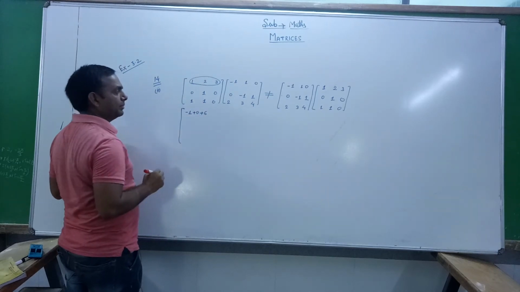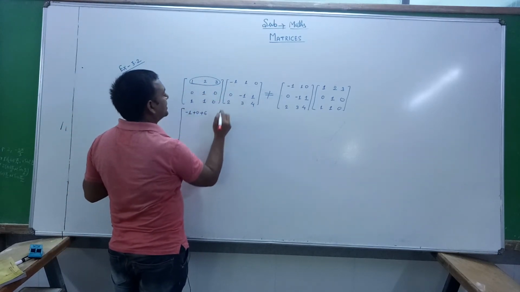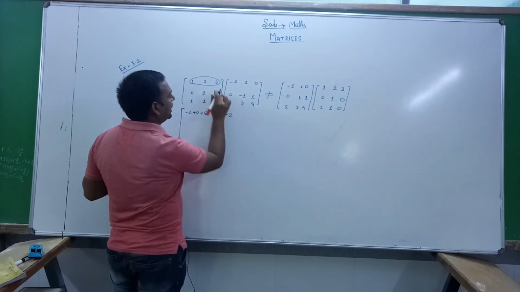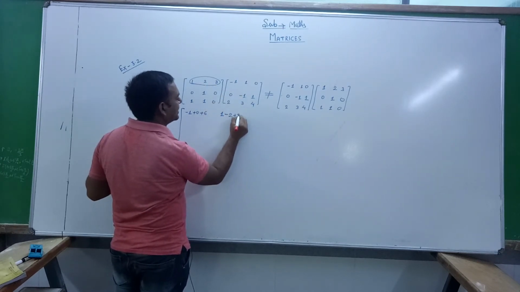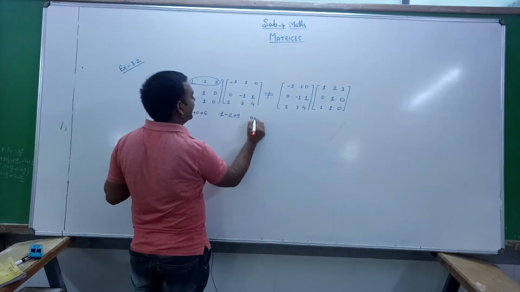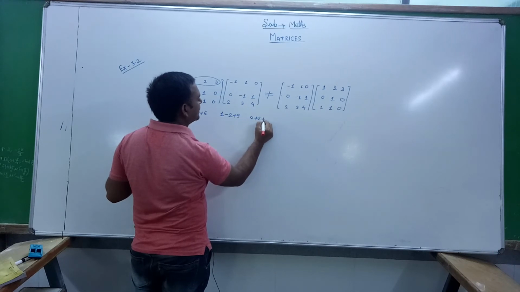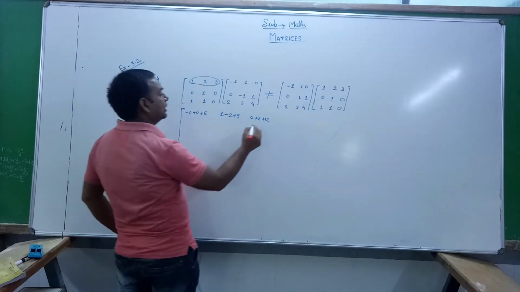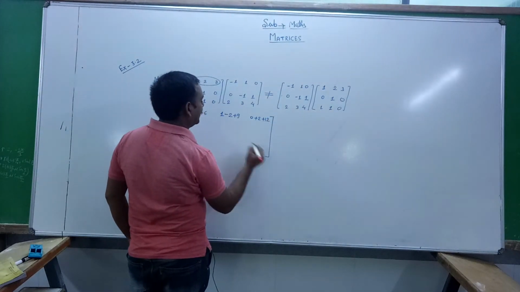This is the first element. Second, 1 times 1 is 1, 2 times minus 1 is minus 2, and 3 times 3 is plus 9. Then third, 1 times 0 is 0, plus 2 times 1 is 2, plus 3 times 4 is 12. This is the first row, all the elements.